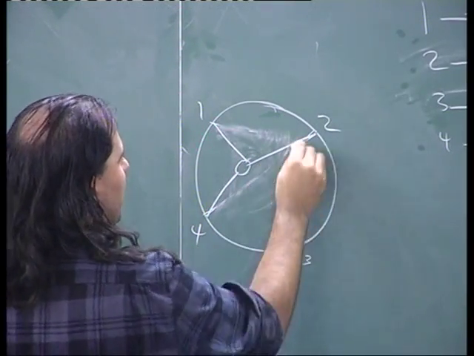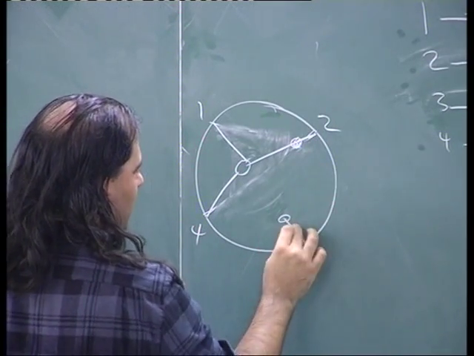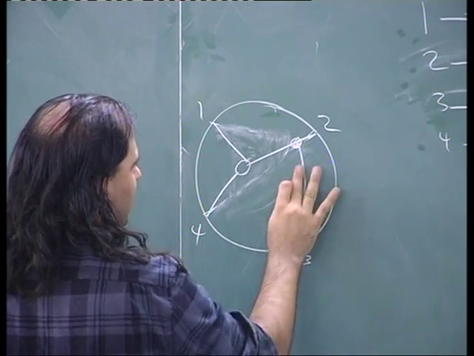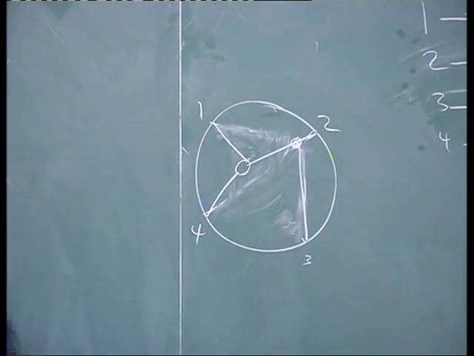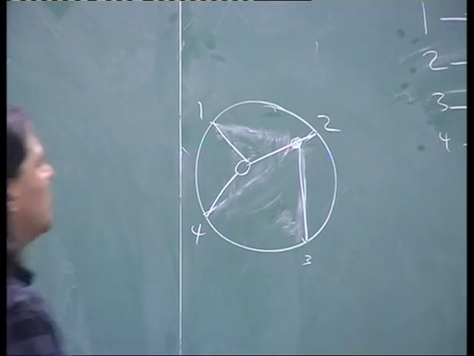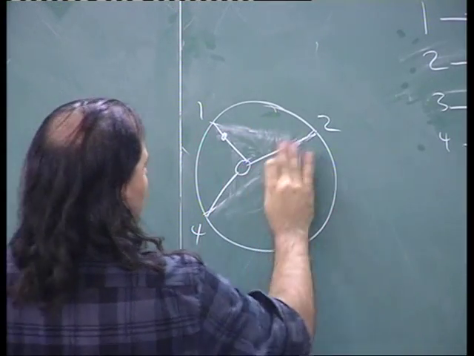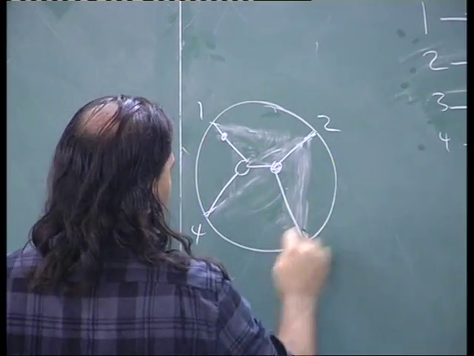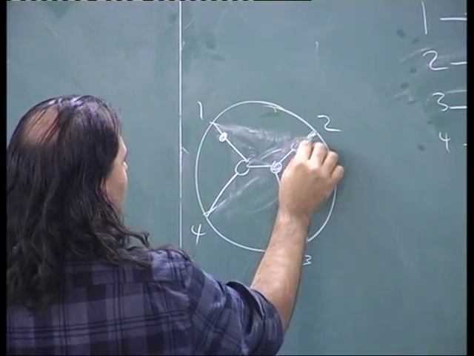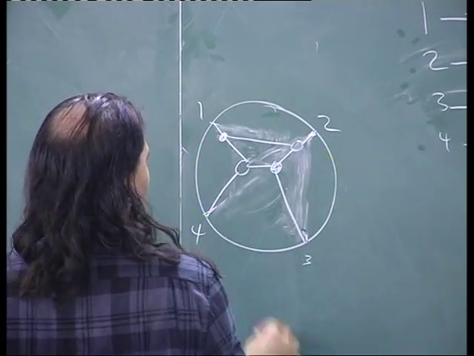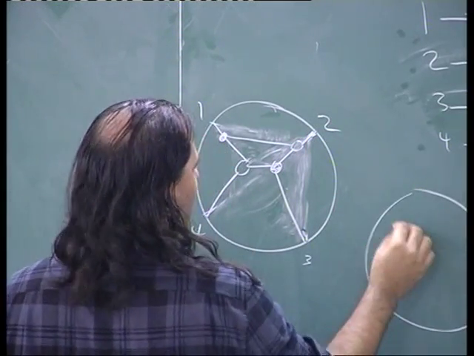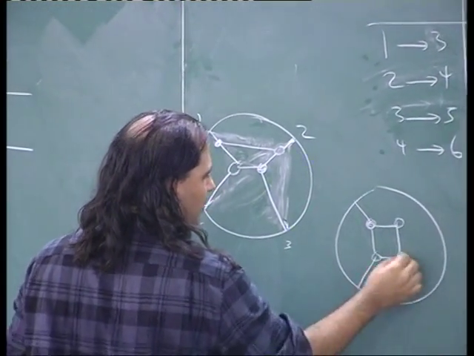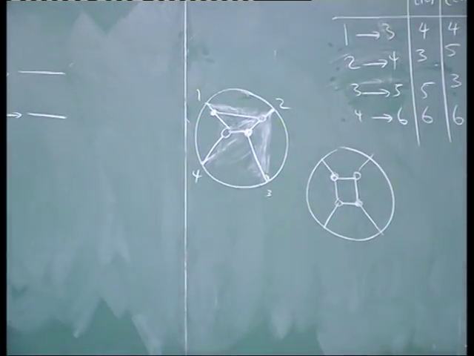Black dot, white dot, erase lollipop, erase white dot. And finally I connect 1 and 2. Let me draw this one a little more nicely. Black dot, white dot, and we have recognized our friend the square. Okay?